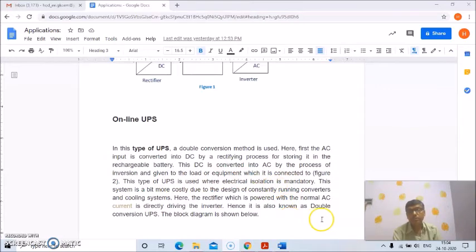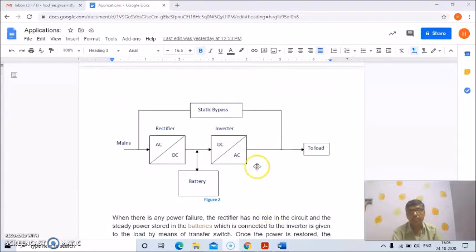This type of UPS is used where electrical isolation is mandatory, and the system is a bit more costly due to the design of constantly running converters and cooling systems. Here the rectifier, which is powered with the normal AC current, is directly driving the inverter. Hence, it is also known as the double conversion UPS, and this is the block diagram, as I explained.